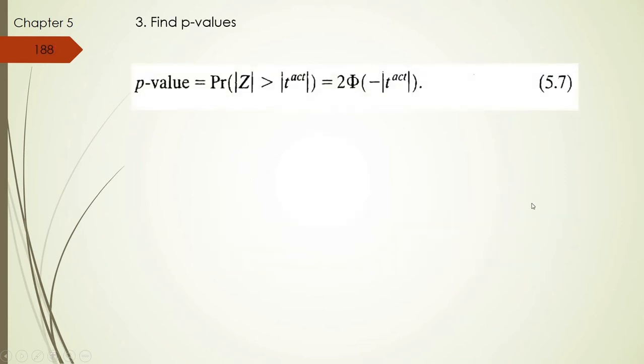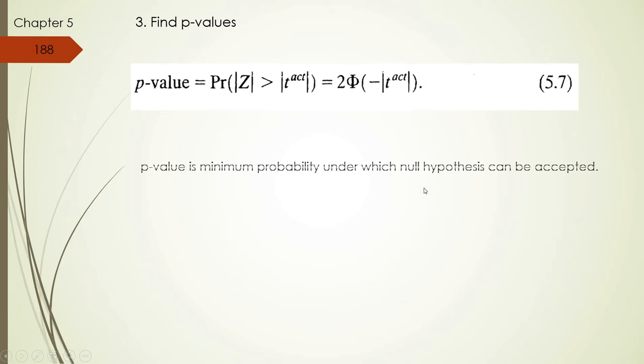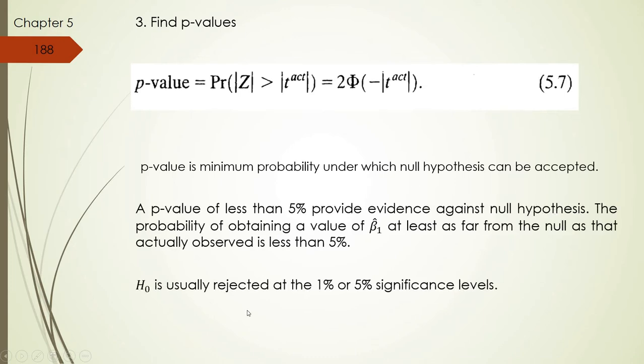The next step can be to find p-values. This is another way of testing a hypothesis. The p-value is the minimum probability under which the null hypothesis can be accepted. A p-value of less than 5% provides evidence against the null hypothesis. So if it is very small, then the null hypothesis will be rejected, and we can conclude that beta 1 is different from 0 in the population.